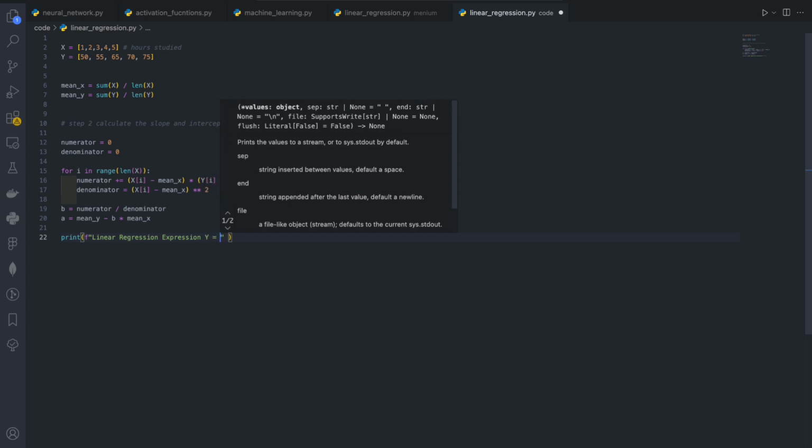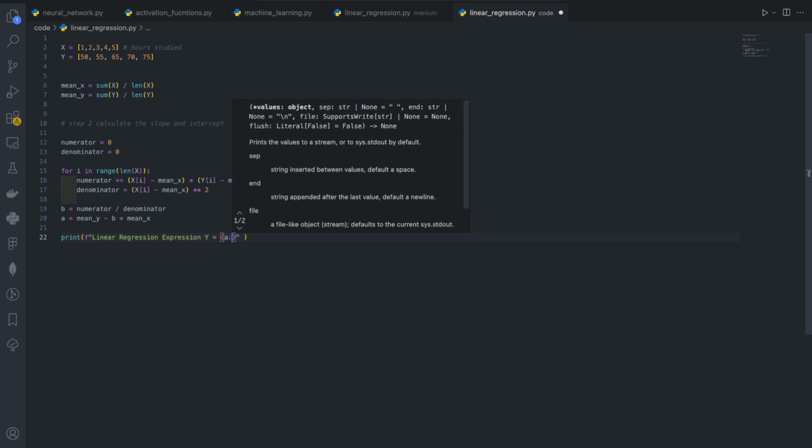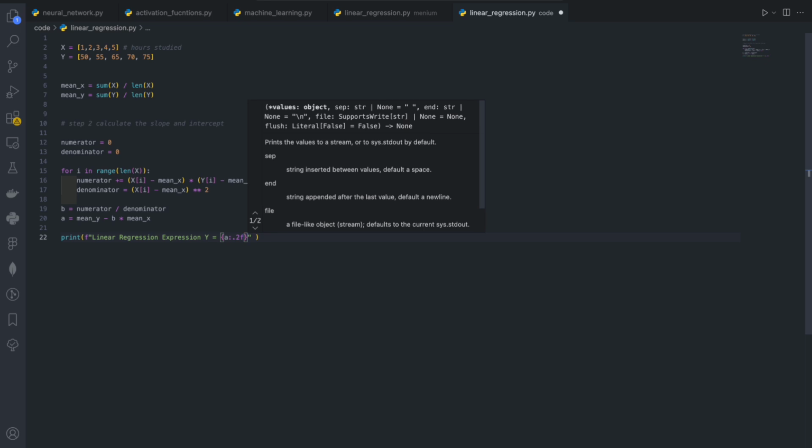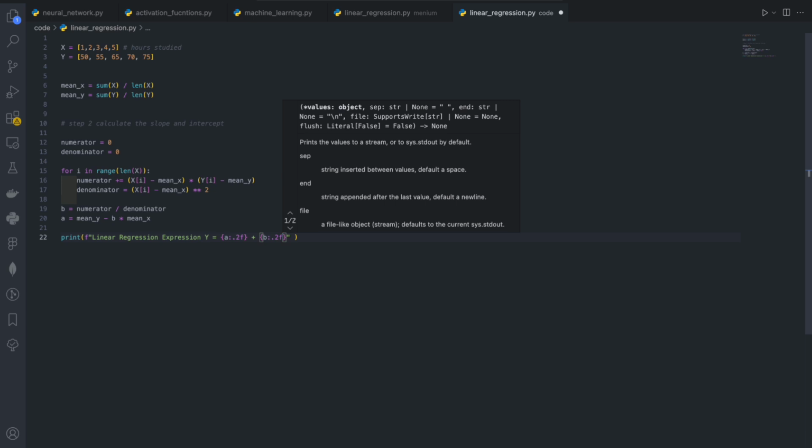So y is equal to a with .2f, and then plus the slope, that will be rounded off to 2 decimals.